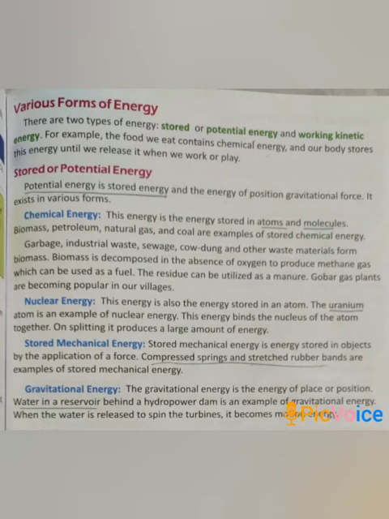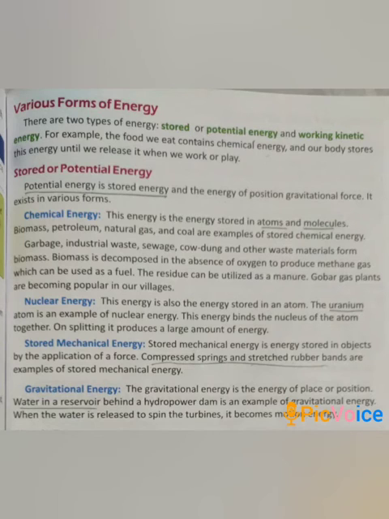Then stored mechanical energy. Stored mechanical energy is energy stored in objects by the application of a force. Compressed springs and stretched rubber bands are examples of stored mechanical energy. Then gravitational energy.